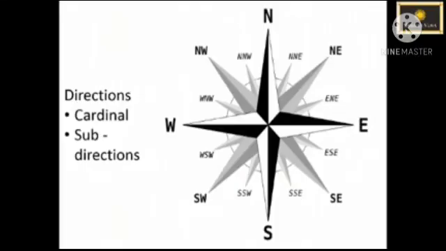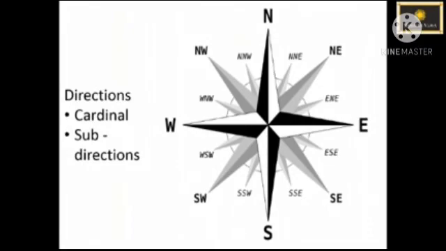Direction. A map also contains information about directions. We have north, south, east, and west. Once we know north, we can easily find the other directions.